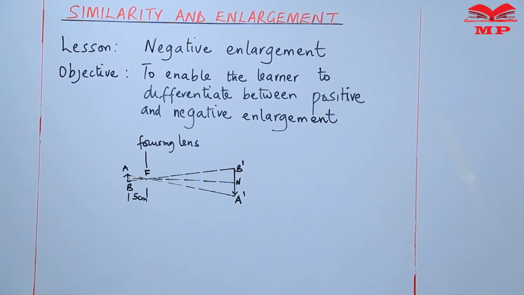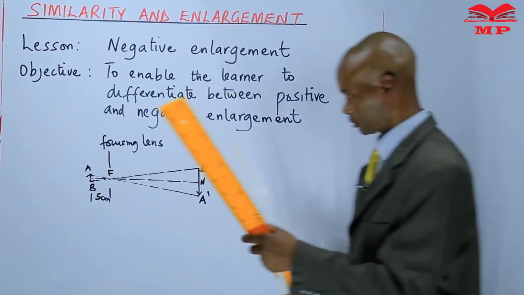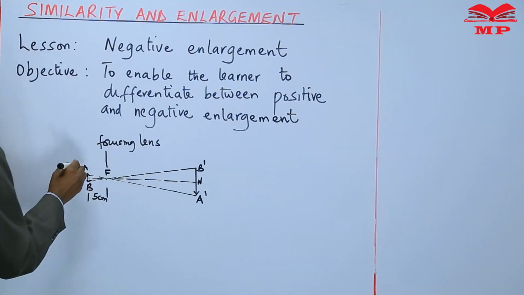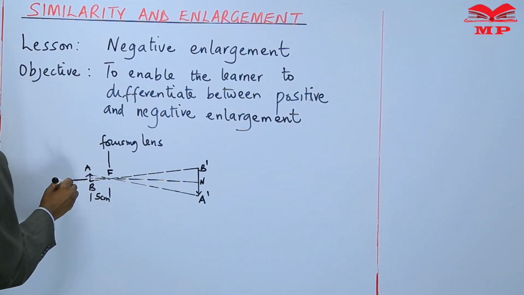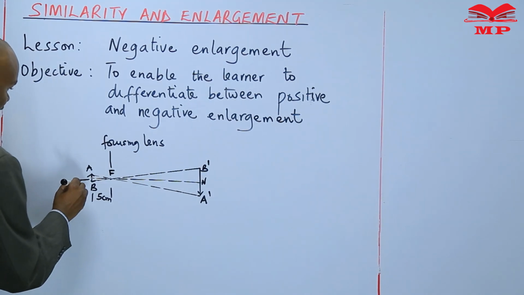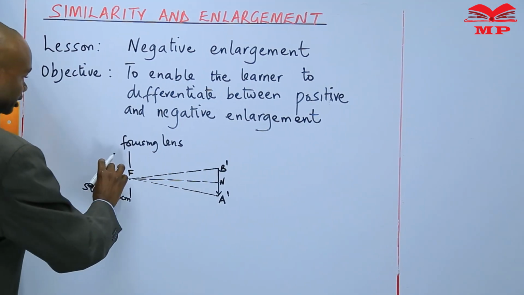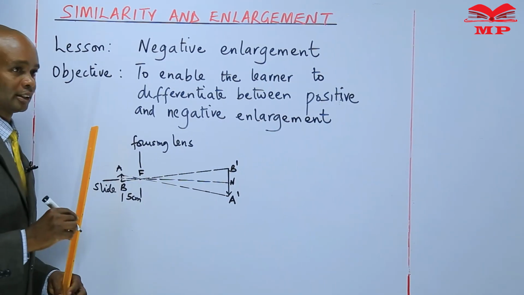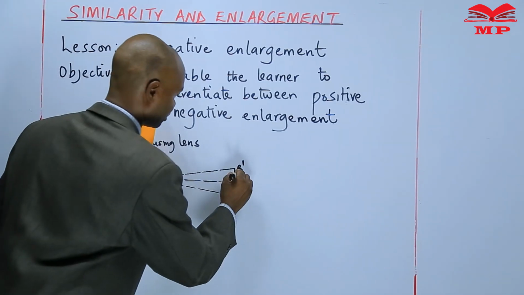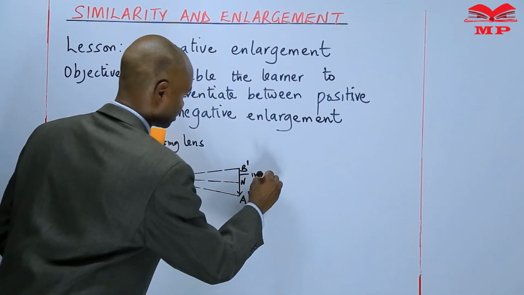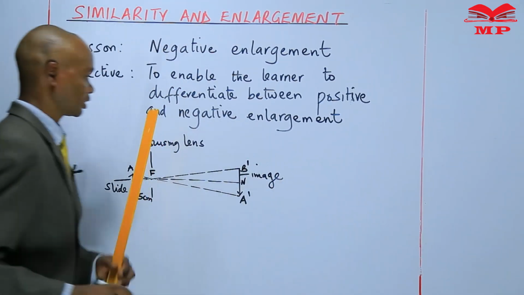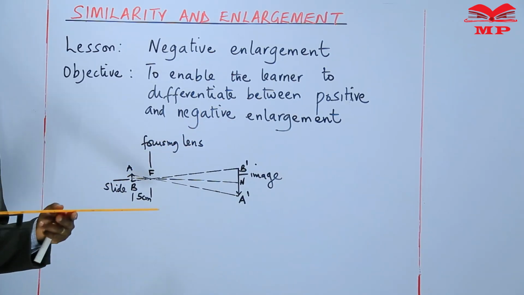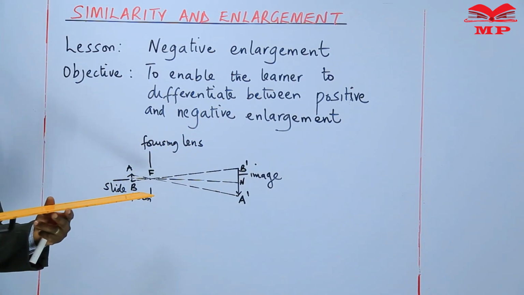This will be the object, or we call it the slide. And this will be the image. That is the object, and that is the image.